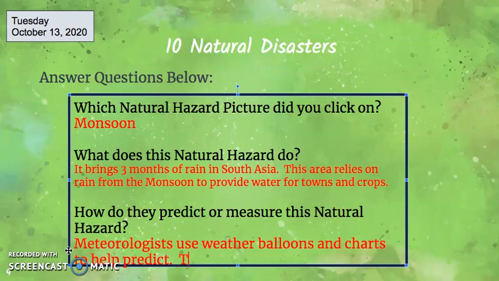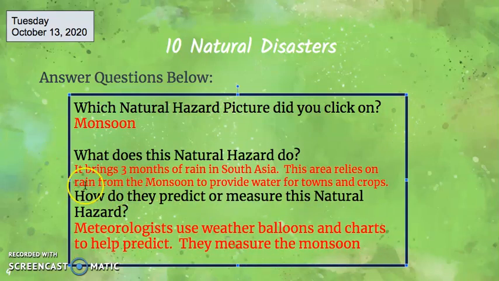And they measure the monsoon. And this is interesting. Monsoon is rain in that area. It's kind of unique, unique feature to that geographical area.